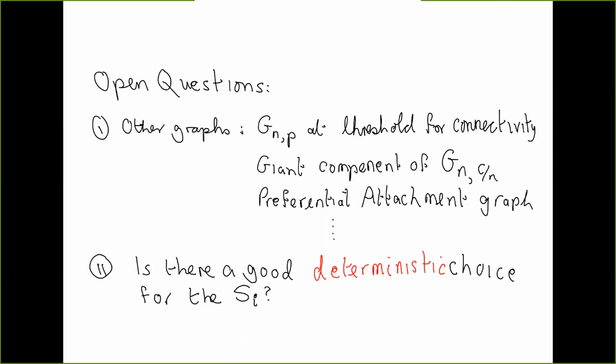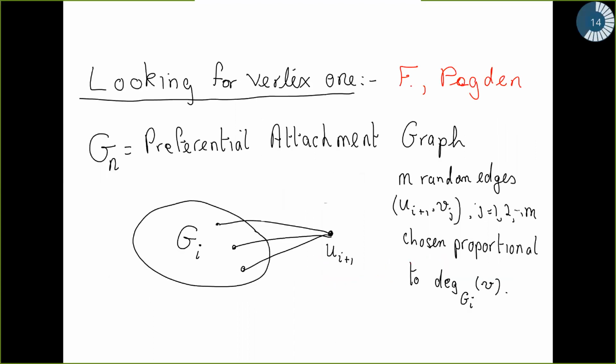And I'll move on to the second talk, which is very sparse. This was a paper with Wesley Pegden, and it's called Looking for Vertex 1. G_n is the preferential attachment graph with n vertices. So what do we mean by the preferential attachment graph?